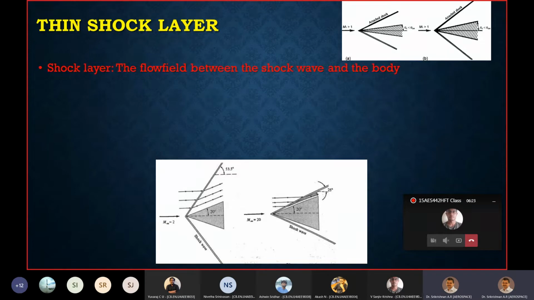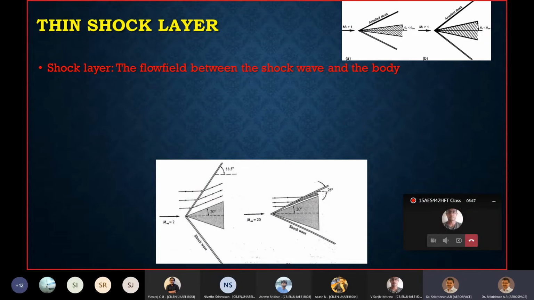I want you to be reminded about the oblique shock theory. In fact, later in the course, we'll be quickly reviewing the oblique shock relations and oblique shock concept, because we have to keep using them all the time. So in one of the next few sessions, we'll be reviewing the shock theory.